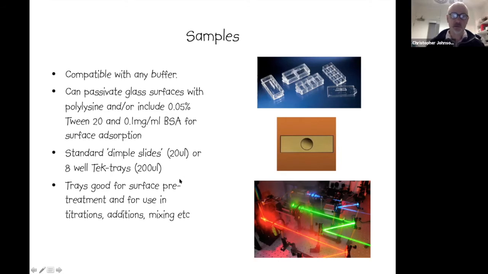We can just remove the lid of the tray and add in other components and carry on measuring. So we can do titrations, add metabolites, or add different biology and perform mixing and then just remeasure.